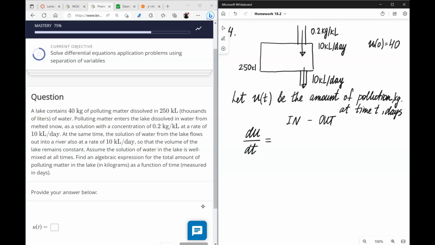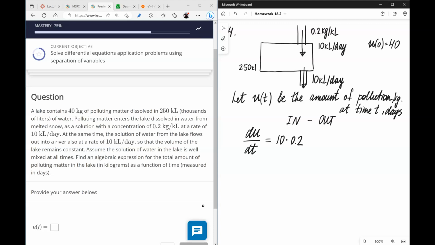And that's how fast it's changing overall. Now, how fast is it coming in? Well, it comes in at 10 kiloliters per day, but there are 0.2 kilograms in each kiloliter. So this is how much of it comes in per day.